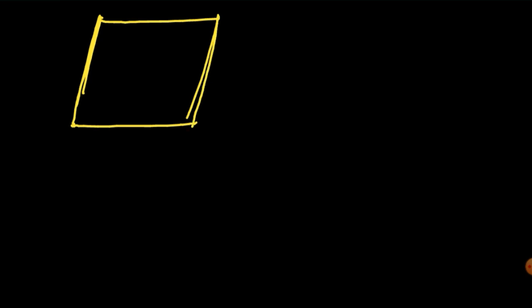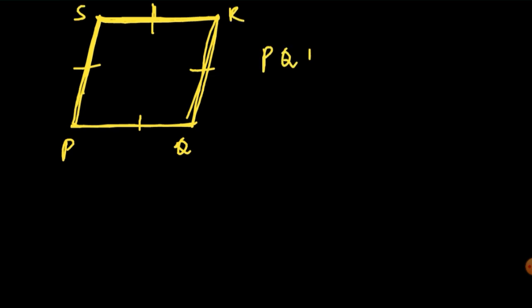One more type of quadrilateral is rhombus. So what is the difference between parallelogram and rhombus? See, this figure is rhombus. In a rhombus, all the sides are equal and these opposite sides are parallel to each other. So we can say that PQRS is a rhombus.